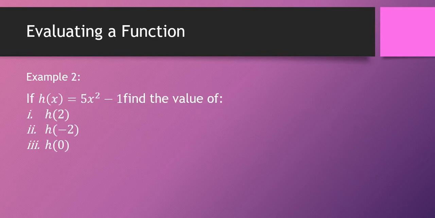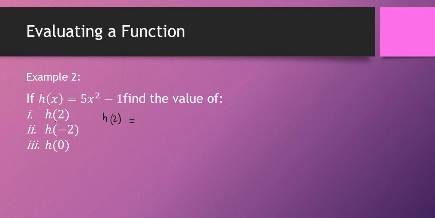So example 2, we're given if h of x is equal to 5x squared minus 1, find the value of h of 2. So it's just a different function, but the principle remains the same when we are evaluating function. So it's going to be h of 2.